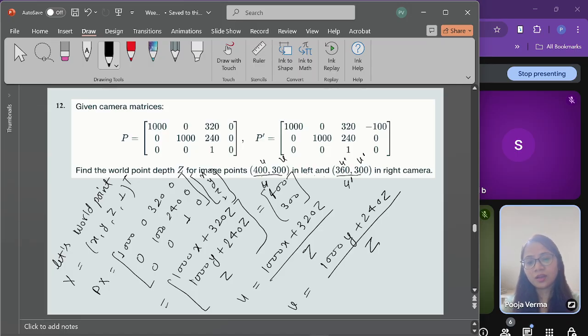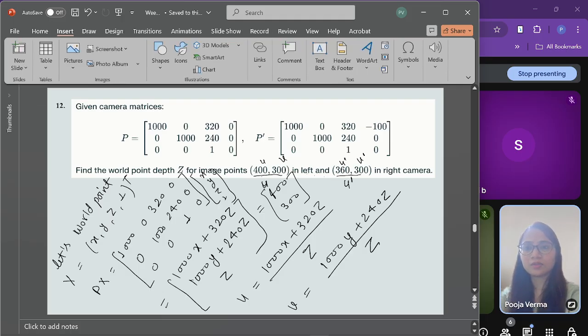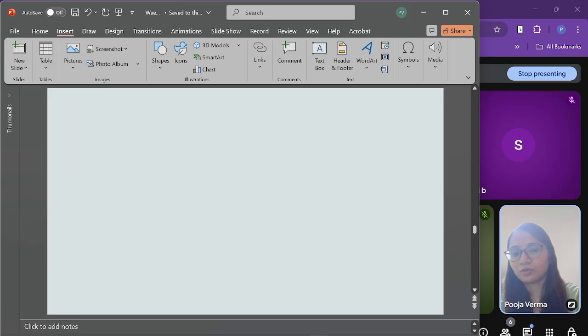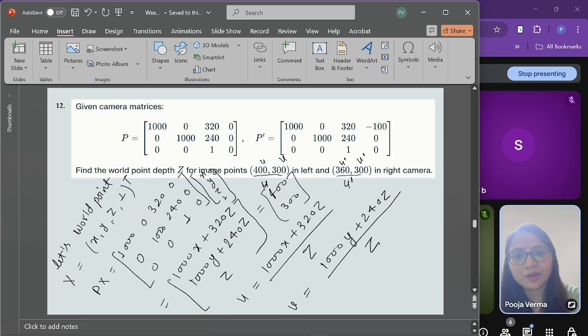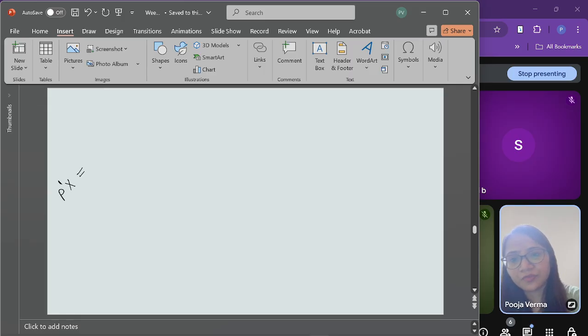Now similarly you have to calculate for the right camera, taking u dash and v dash. P dash is already given, and X is X, Y, Z, 1.